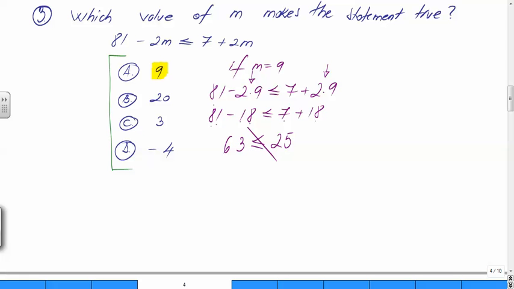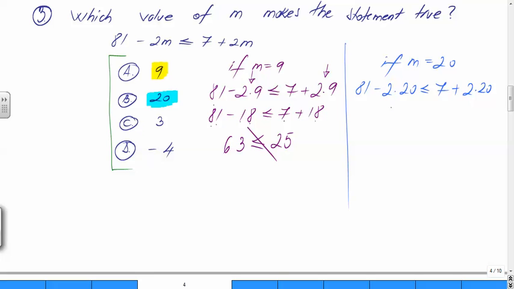Next, you are moving on to 20, right? And you're going to say, well, if m equals 20, what is my expression becoming now? And you will have 81 minus 2 times 20 less than or equal to 7 plus 2 times 20, right?